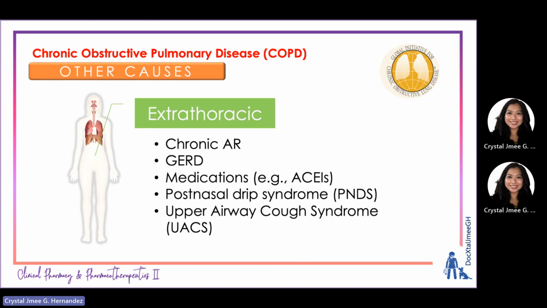We also should consider medications such as angiotensin converting enzyme inhibitors, the ones with the -pril, like enalapril, perindopril, and the like. We also have postnasal drip syndrome, or PNDS, and upper airway cough syndrome, or UACS.